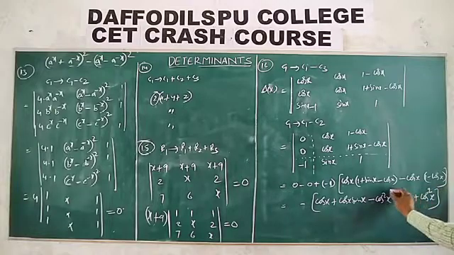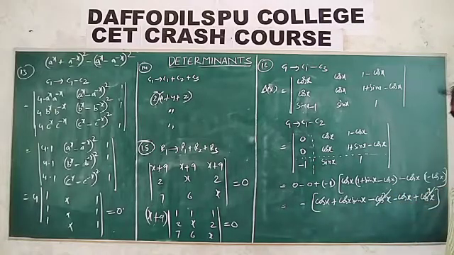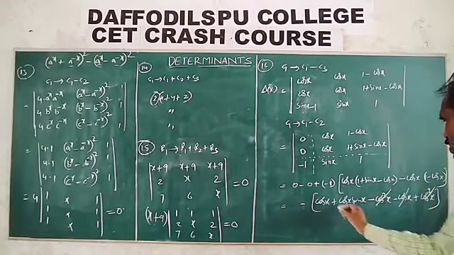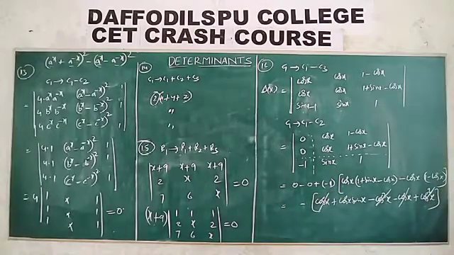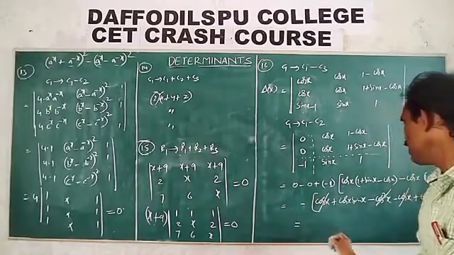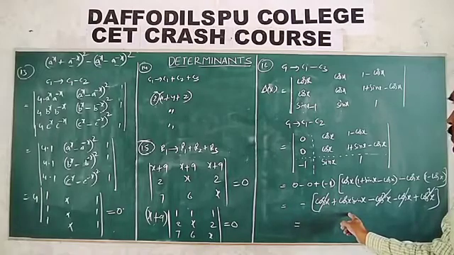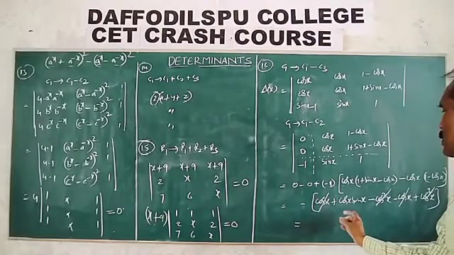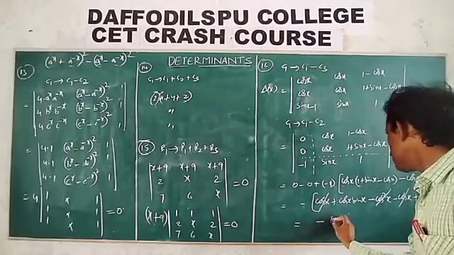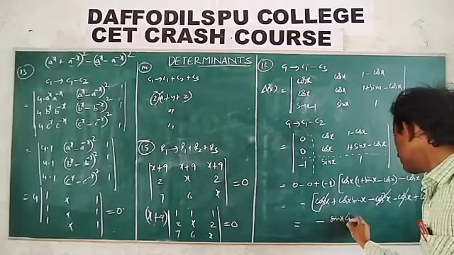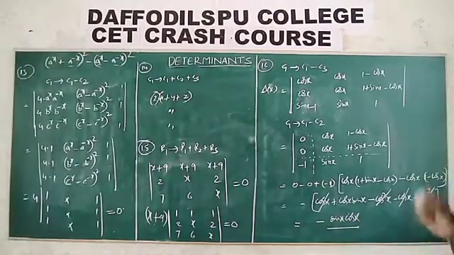Cos square x minus cos square x cancel, and minus cos x plus cos x cancel. The remaining answer is minus sin x cos x. So this is the answer.